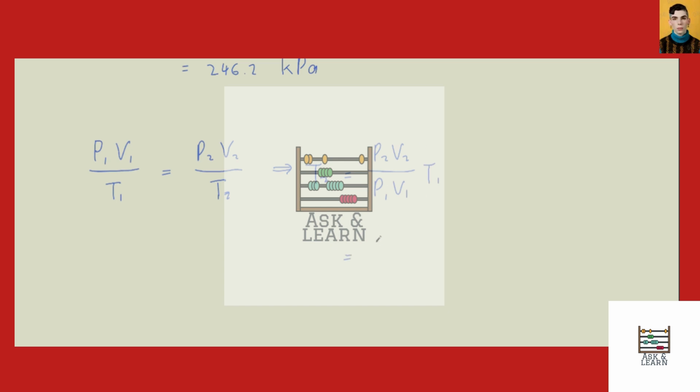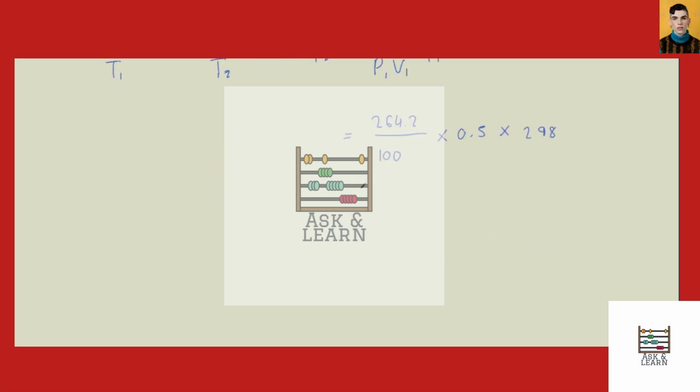So this is equal to 246.2, which is P2, over P1, 100 kilopascals, times V2 over V1, which is a half, that's 0.5, times T1, which is 298 Kelvin. Hence, we get the final temperature of the system to be 366.9 Kelvin.